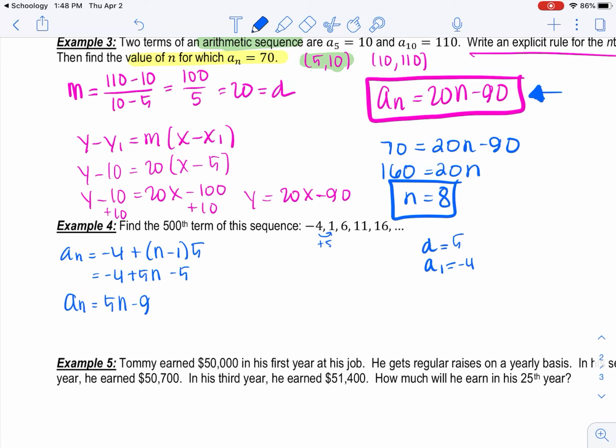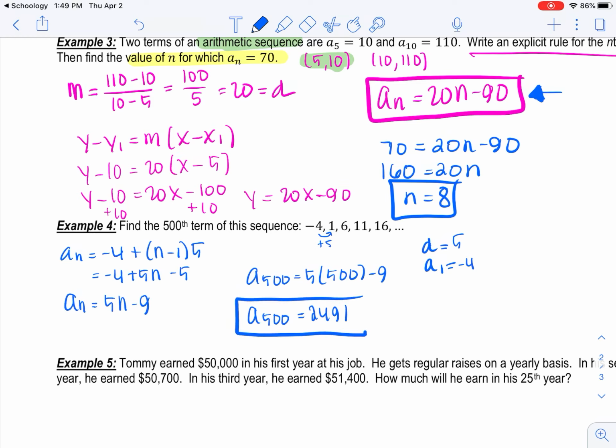There's the rule. Now I can find any term I want to. I want to find the 500th term. So I'm going to do 5 times 500 minus 9. So the 500th term of this particular sequence, I do 5 times 500, which is 2,500 minus 9, 2,491. Once again, you can use a calculator just to make sure you don't make a mistake, but that one's pretty easy.